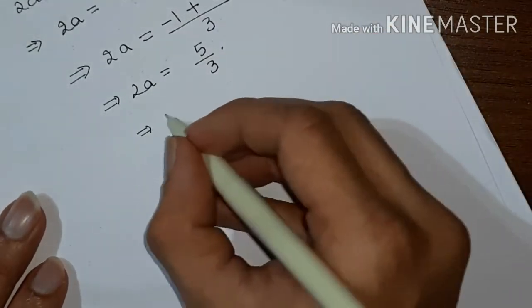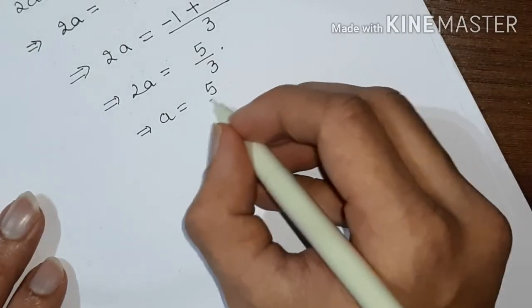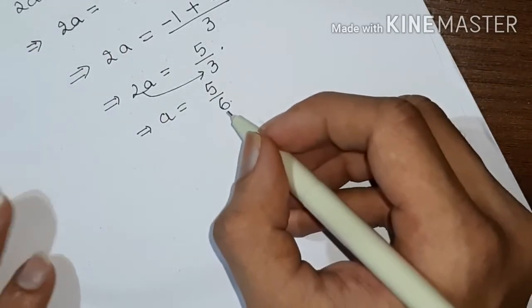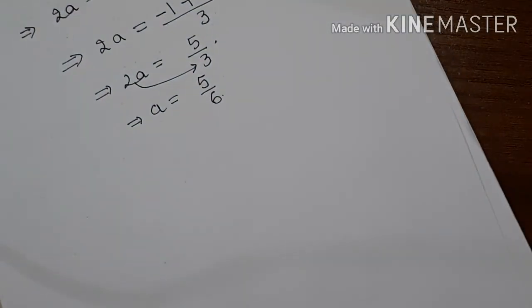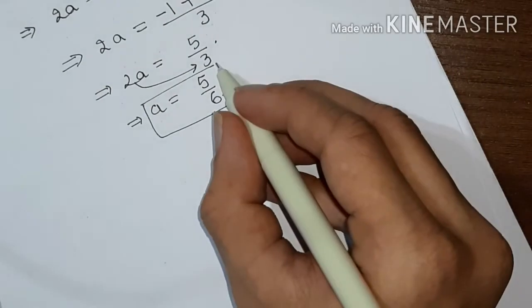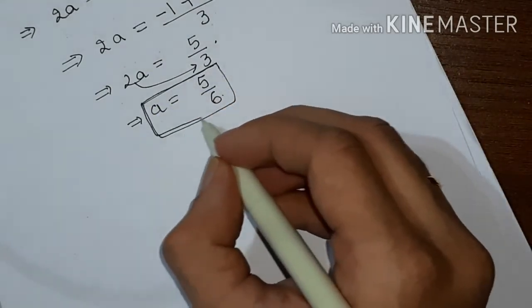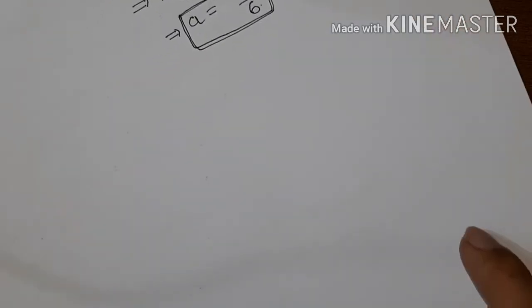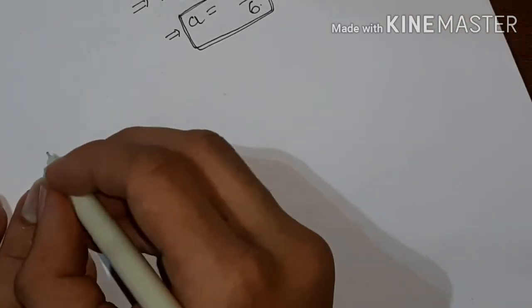So a is equal to 5 by 6. Now what we have to find is b, the y coordinate of the point.